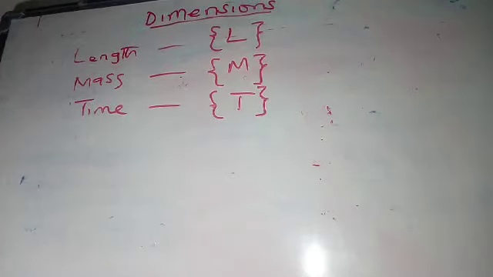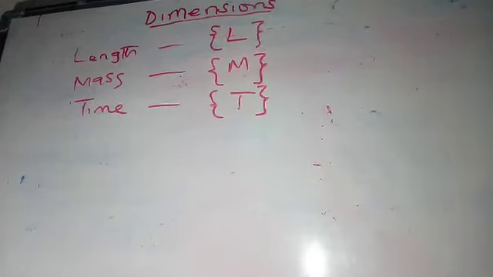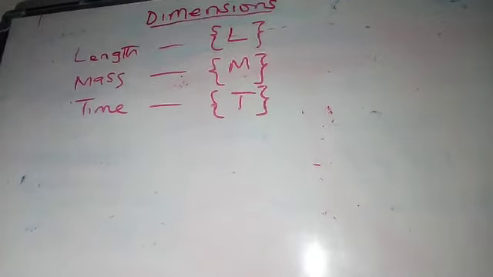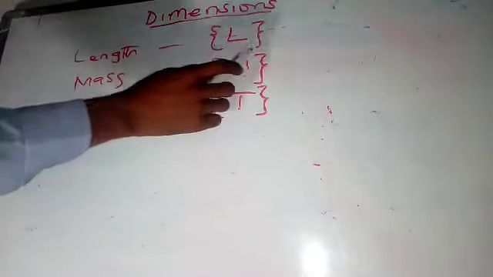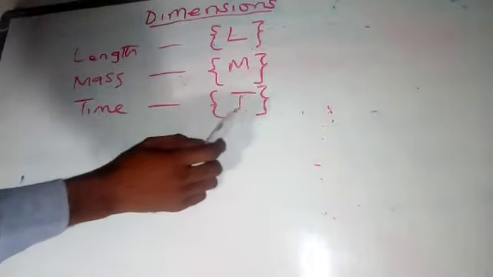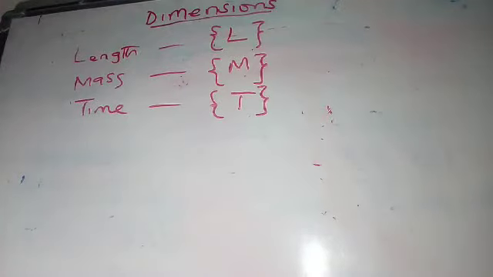The symbols that are used to specify the basic fundamental quantities like length, mass, and time are denoted as L, M, and T, as you see on the board, and are usually enclosed in square brackets like this.